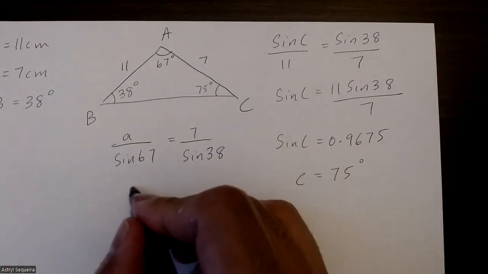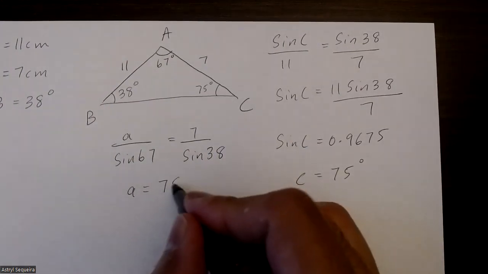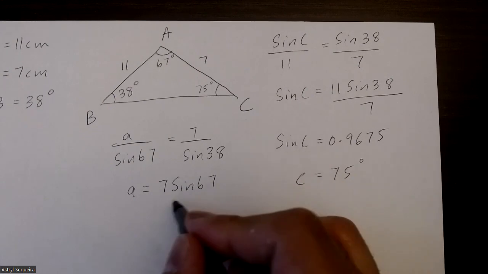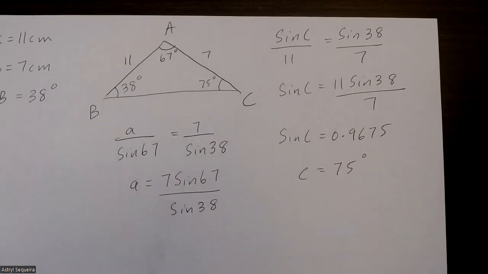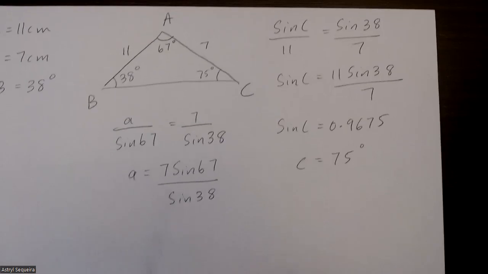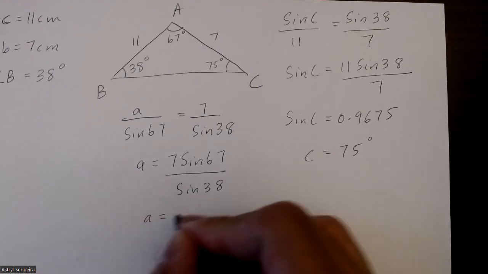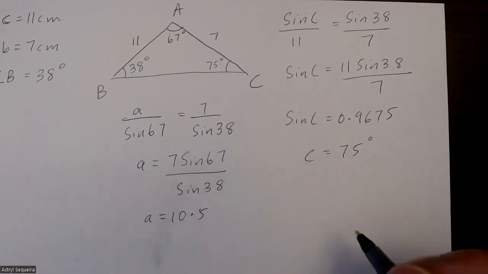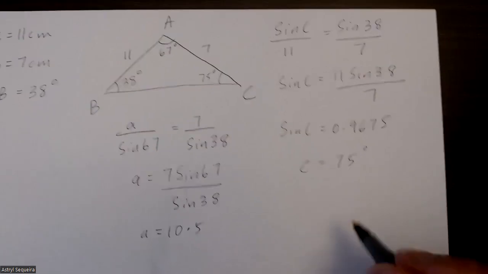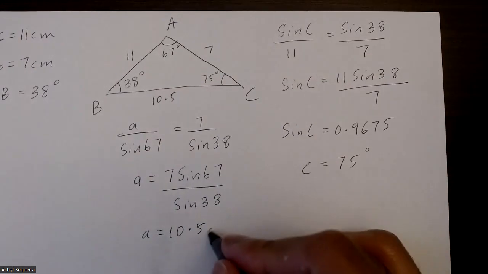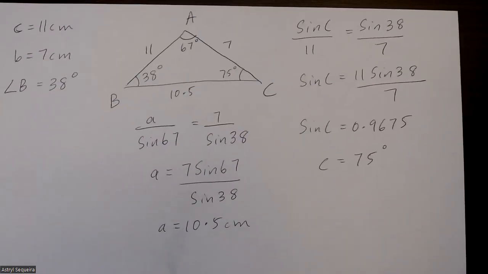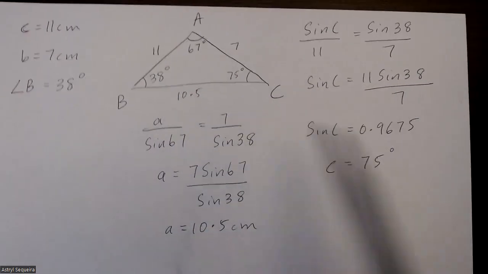Cross multiply that over, so a equals 7 sine 67 over sine 38. I'll put this in my calculator. I get a to be 10.5 if I round to one decimal place. I know a equals 10.5 centimeters over here. So the first triangle definitely exists.